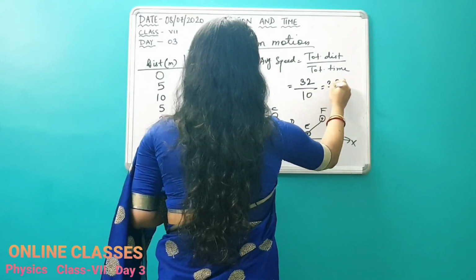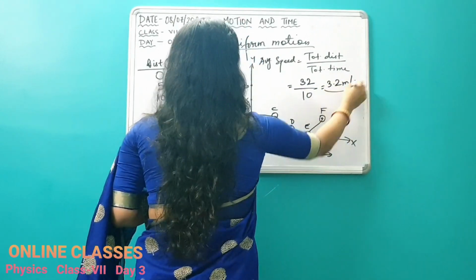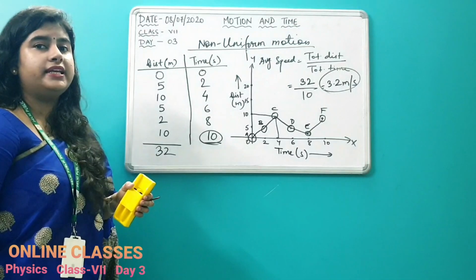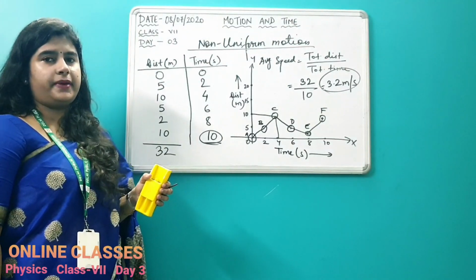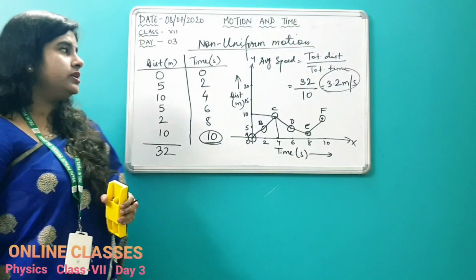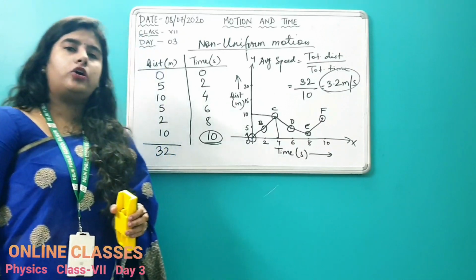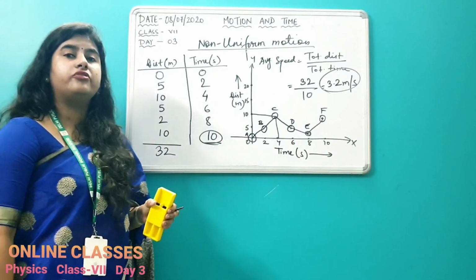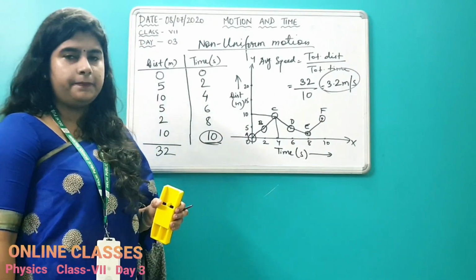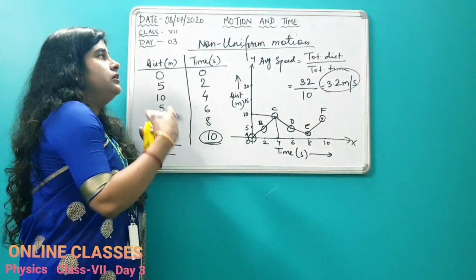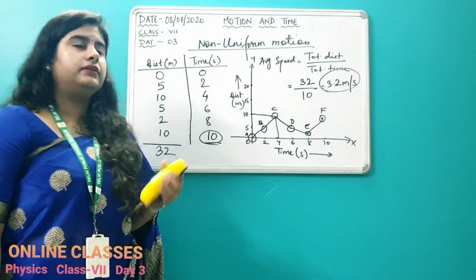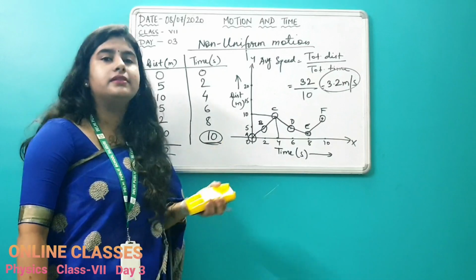That is 3.2 meter per second. You can talk about the average speed in case of non-uniform motion, mind it. In non-uniform motion, it is the average speed, not the speed, because the speed does not remain the same throughout the journey. Got it? So this is one example that I have given you. You can get this kind of question.